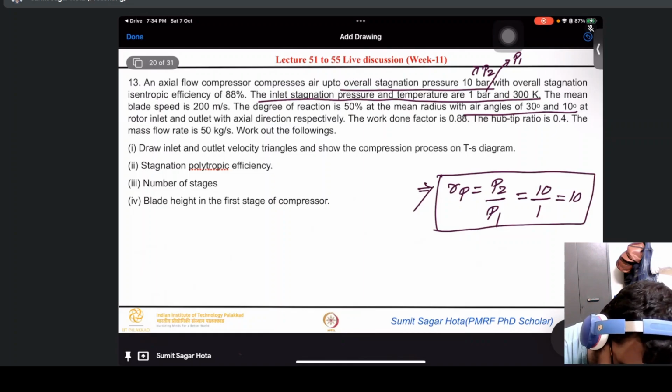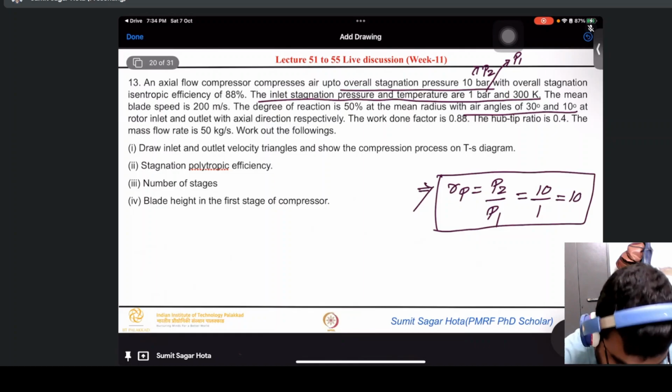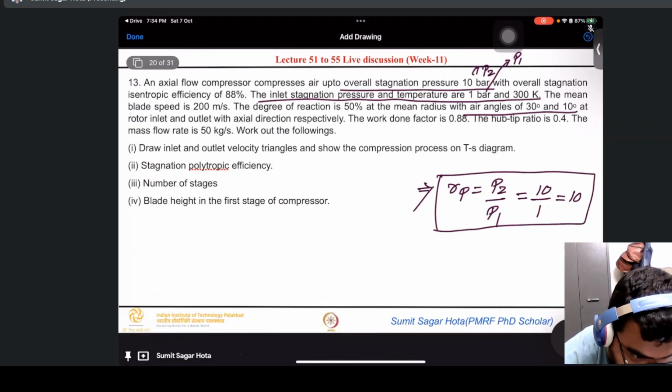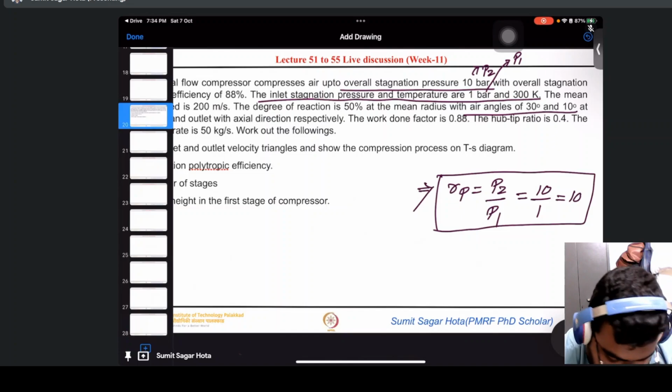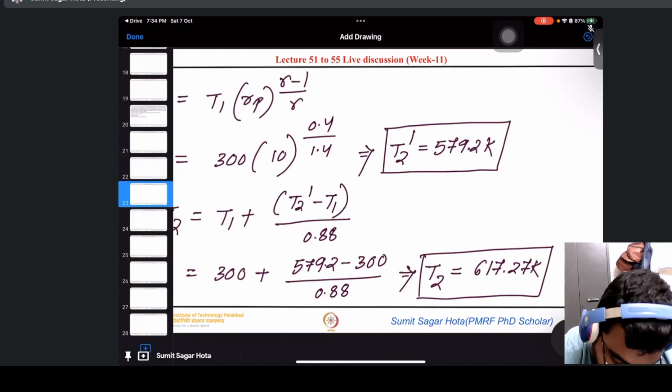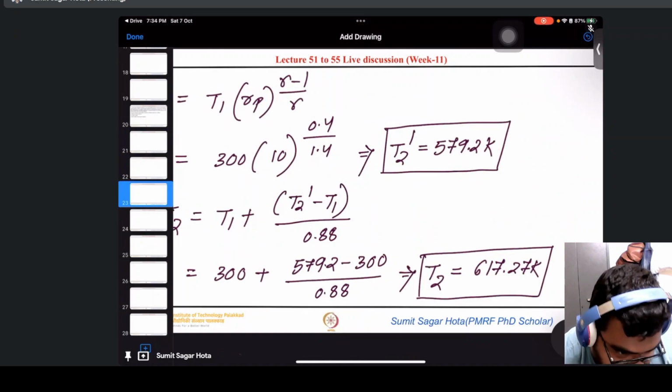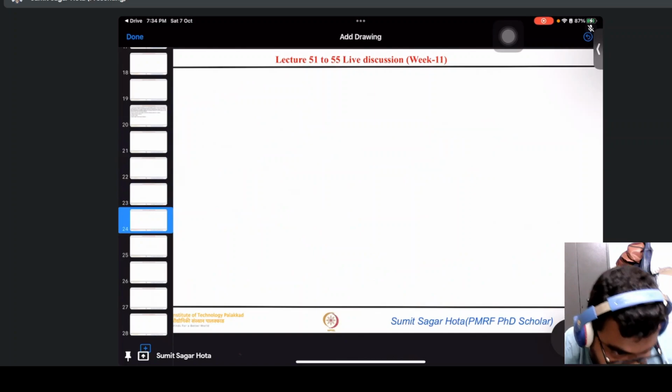In the question it asks for stagnation polytropic efficiency. If the question is asking about the polytropic process, then we have to convert the ideal process in terms of the polytropic process. So the same formula of T2 can be changed to polytropic by replacing gamma with n. n is your polytropic coefficient.